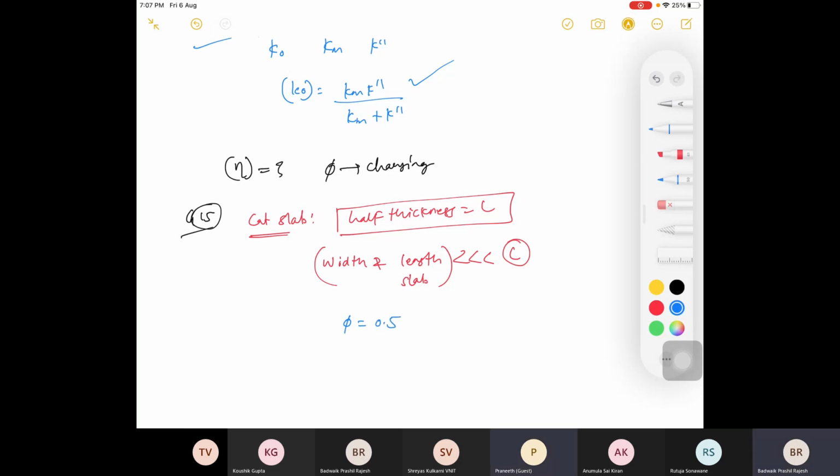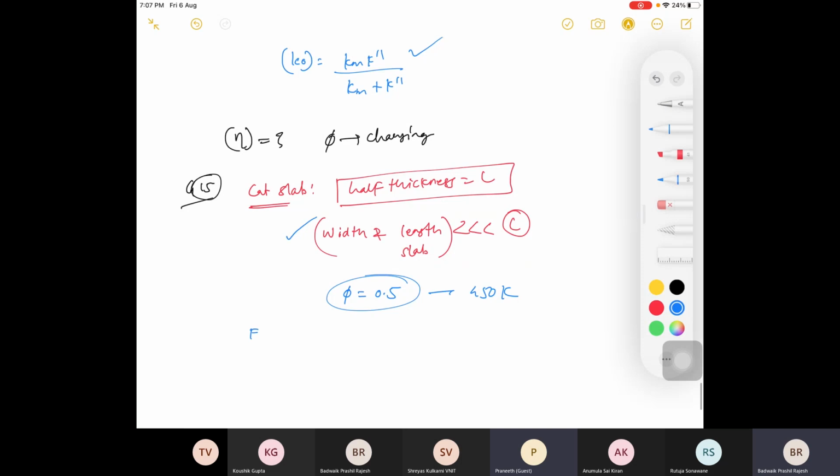A catalyst slab of half thickness L, the width and length of the slab being much greater than L, is used to conduct the first order reaction A gives B at 450 Kelvin. The Thiele modulus of the system is 0.5. The activation energy for the first order rate constant is 100 kilojoule per mole.